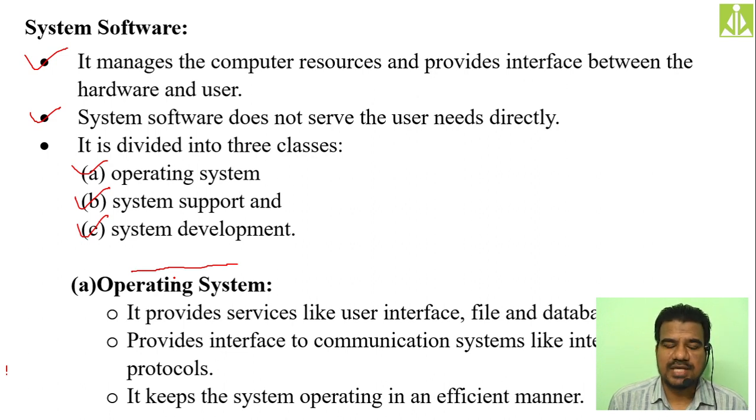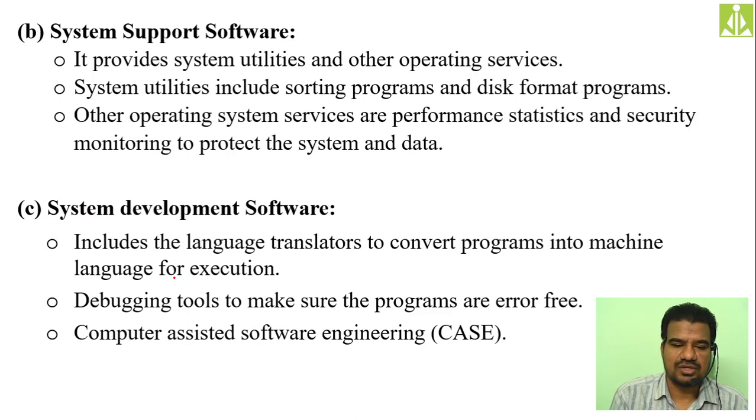Whenever we say operating system, remember it as an interface between the computer hardware and the user. It keeps the system operating in an efficient manner. That is not the only responsibility of the operating system, to give the interface, but also it has to manage all the hardware components efficiently. That is another job.